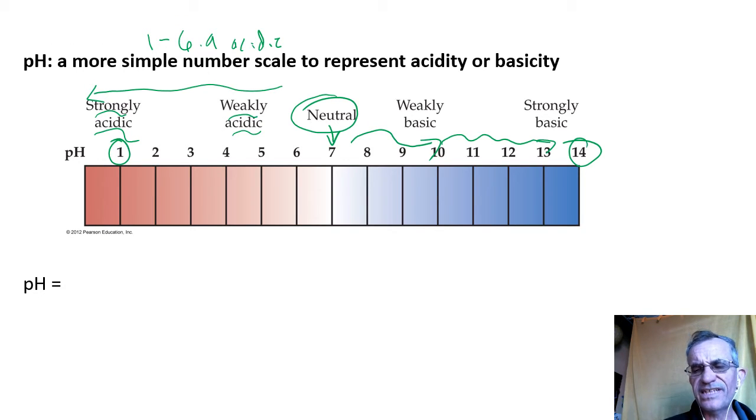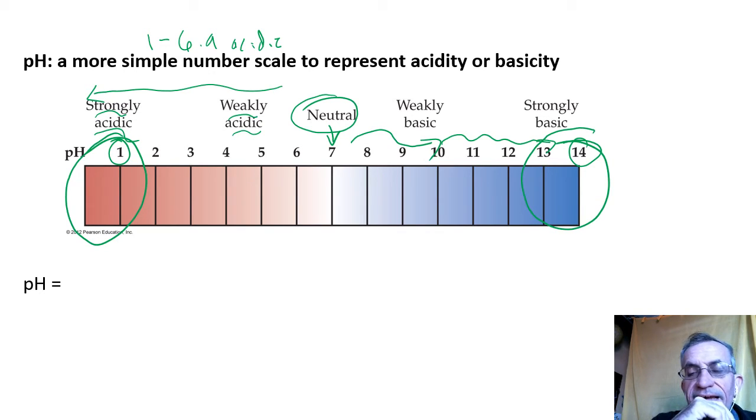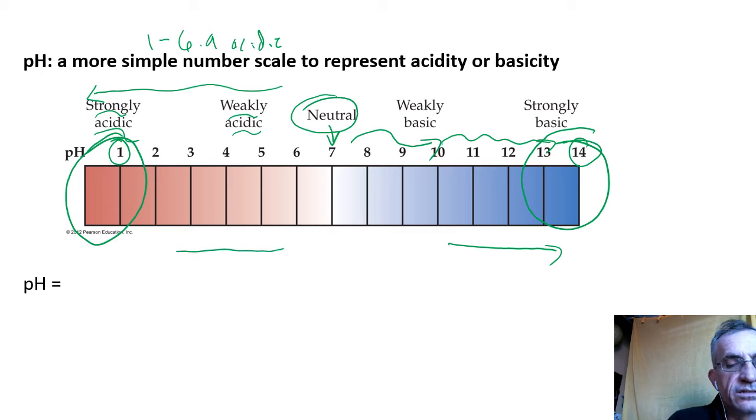So the extremes are on the ends: way acidic, a pH of 1 or 2, and way basic, a pH of like 14. Where do you change from being weakly basic to strongly basic? There's no cutoff. The further you go to the right, the more basic you get. The further you go to the left, the more acidic you get.